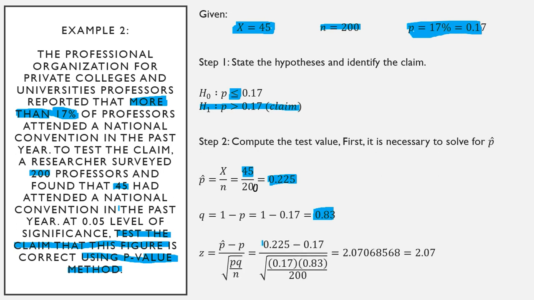Okay? So 0.225 minus 0.17 divided po sa square root ng 0.17 multiplied by 0.83 and then divided sa sample size na 200. Okay?